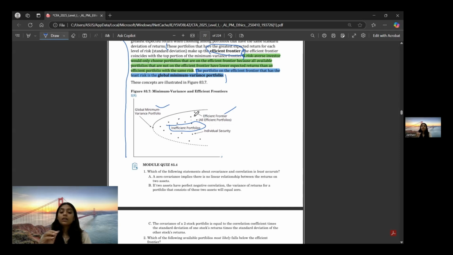They give much less return for the same amount of risk as a portfolio on the efficient frontier, hence they are called inefficient portfolios. And an individual security, as I said, combined, is an inefficient portfolio.